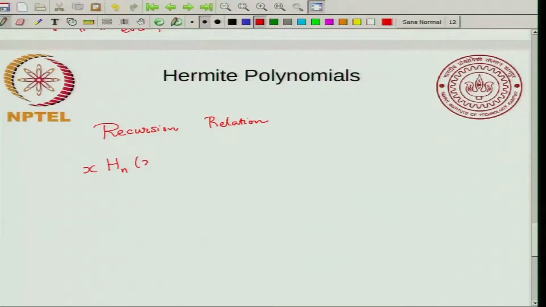It plays a very important role. So I will write the recursion relation for Hermite polynomials: x Hn of x equals n times Hn minus 1 of x plus half times Hn plus 1 of x.